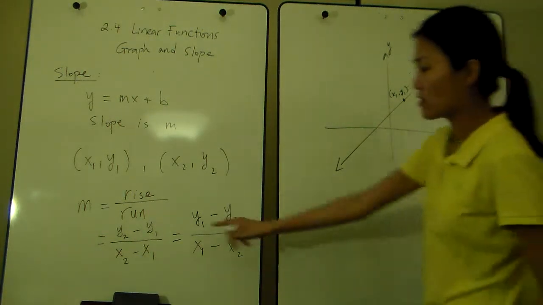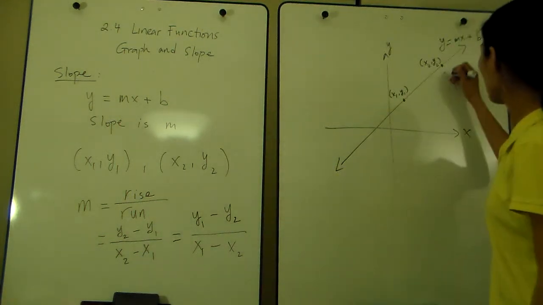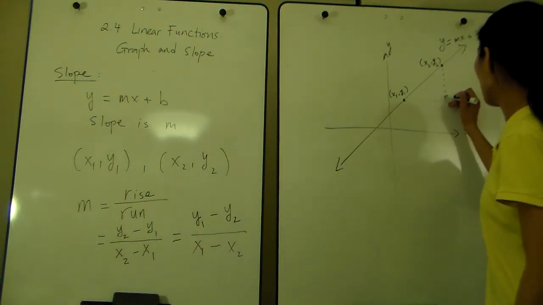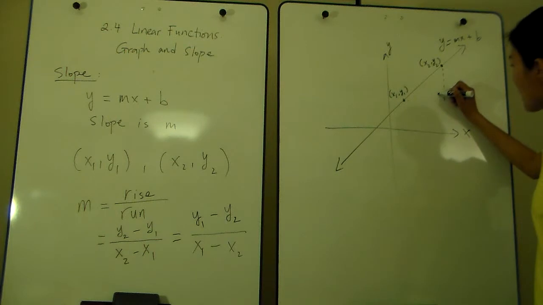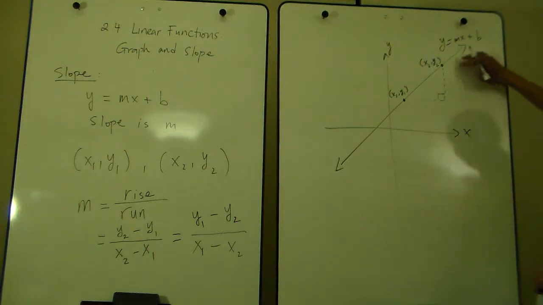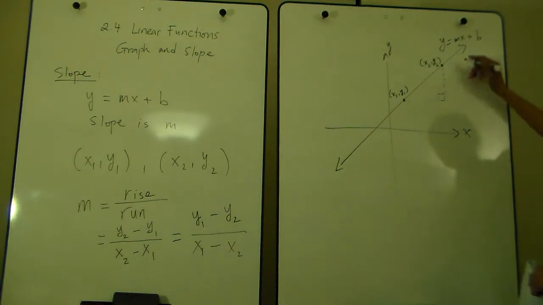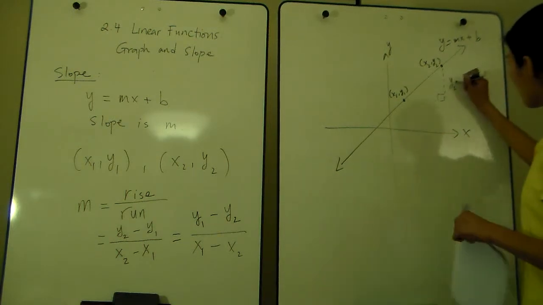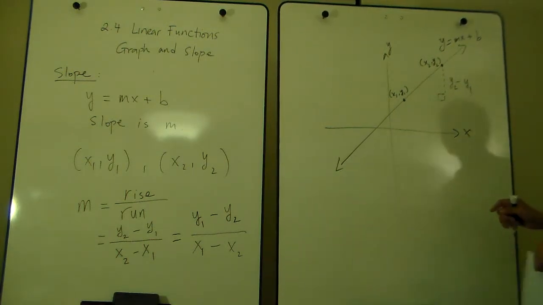Okay? When you take the difference, and this is a right triangle, okay? When you take the difference, y sub 2 subtract y sub 1, this right here is the change in y. So y sub 2 subtract y sub 1.